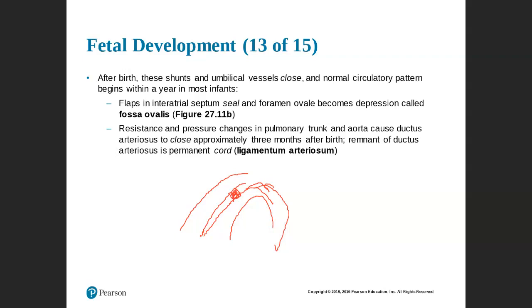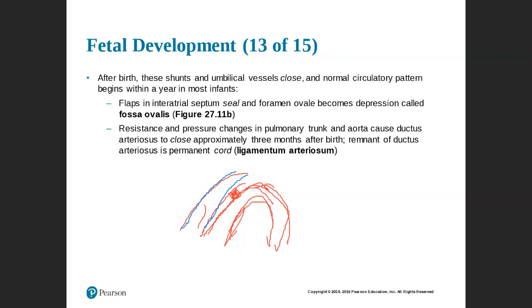Here's the pulmonary trunk. I'll put that in blue, because it's carrying deoxygenated blood. And here's the aorta down here, which is going to carry blood to the systemic circuit.